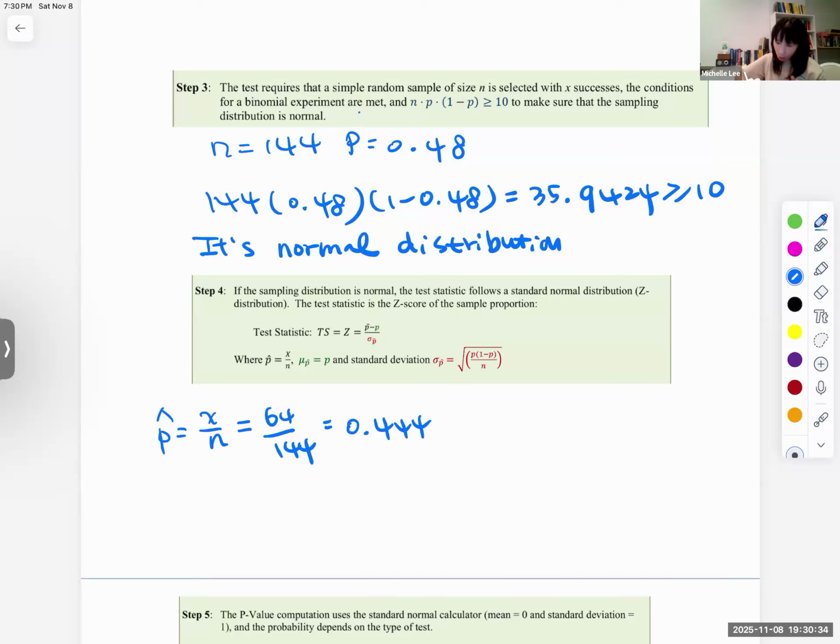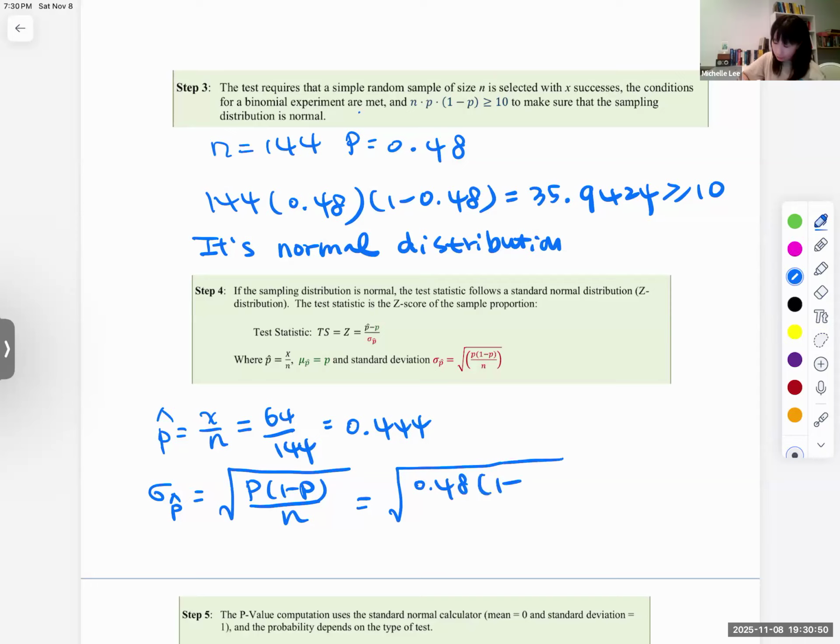Now, what is sigma sub p-hat? It's the square root of p times (1 minus p) over n: the square root of 0.48 times (1 minus 0.48), divided by 144.